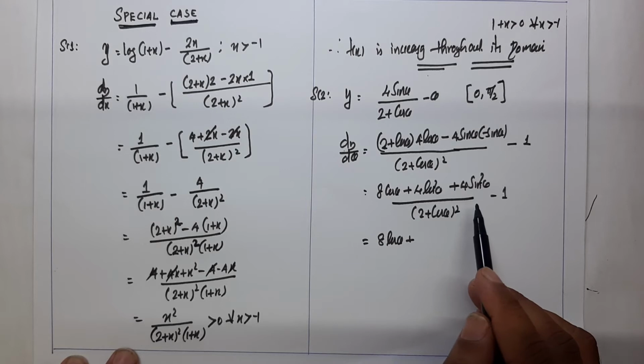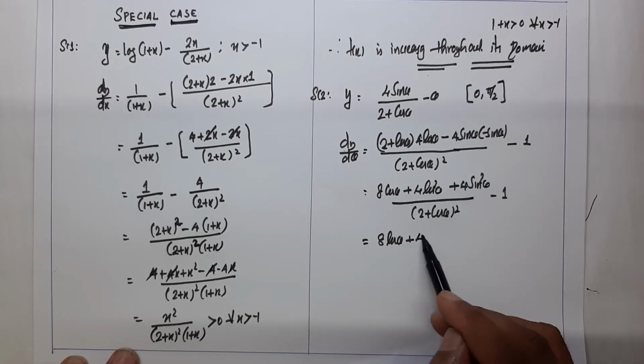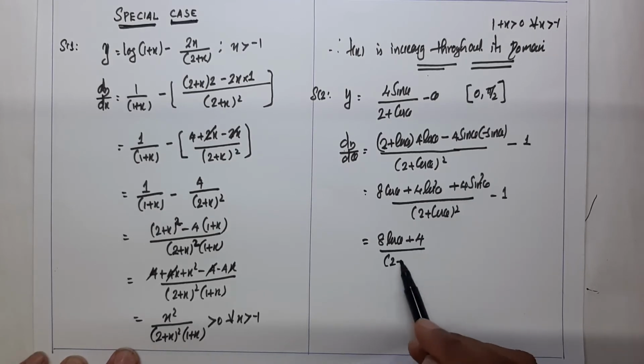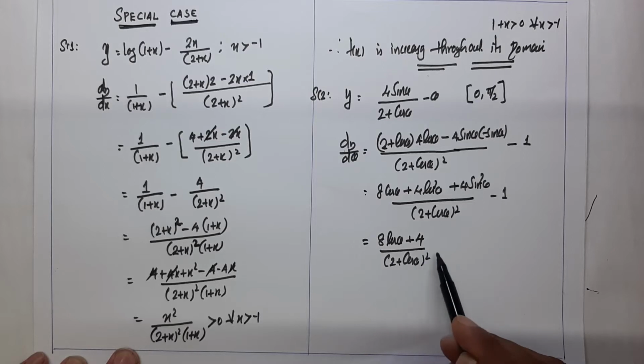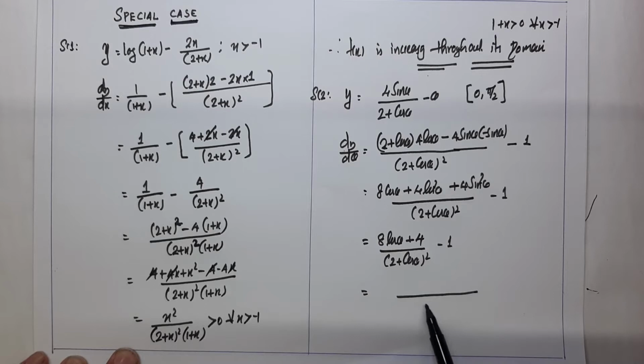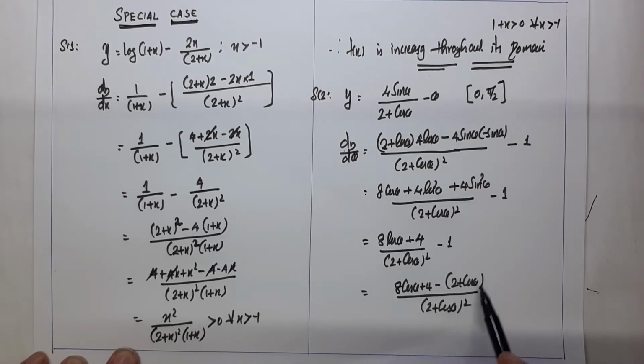You know cos square theta plus sin square theta is 1, and therefore 4 divided by 2 plus cos theta the whole square minus 1. Here the LCM is 2 plus cos theta the whole square. Here 8 cos theta plus 4 minus 1 into 2 plus cos theta the whole square, cross multiplied.